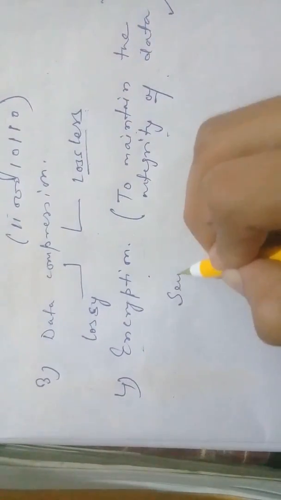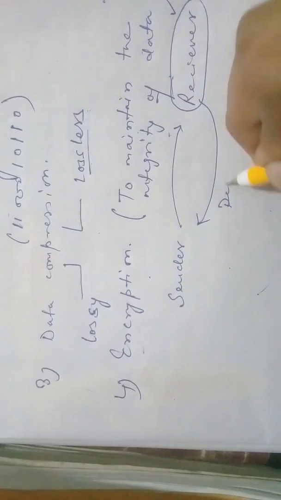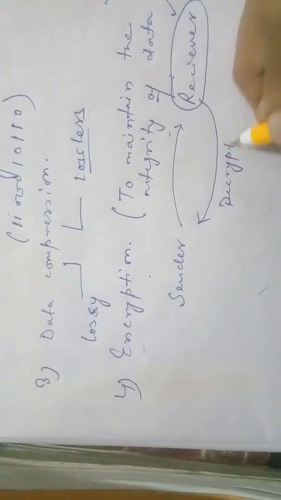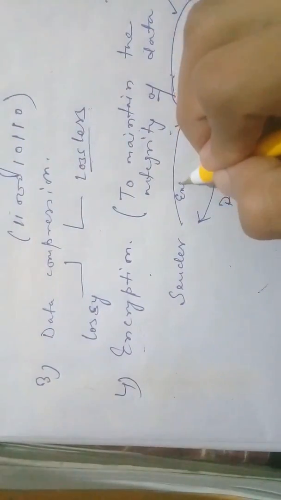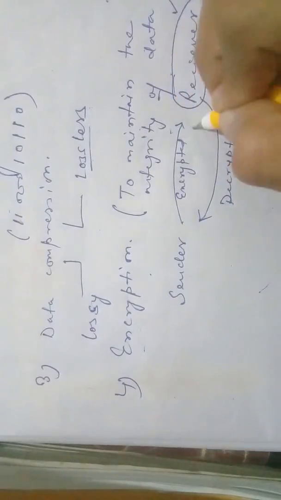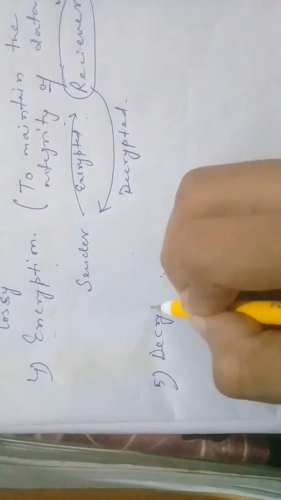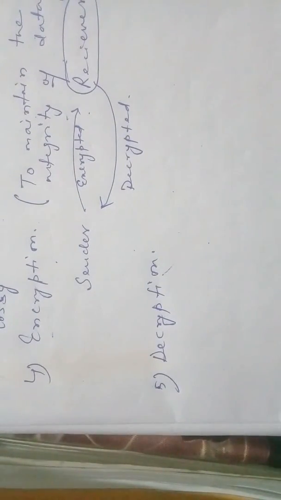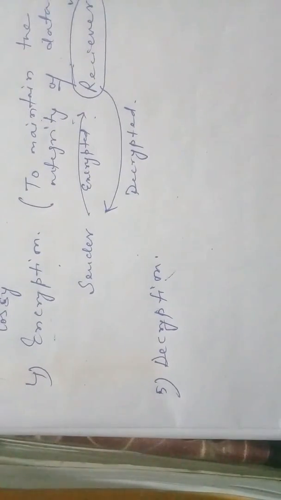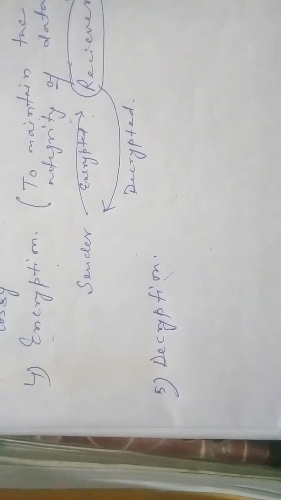Actually, encryption is done by the sender. The sender sends the data and the receiver receives it. After receiving it, the receiver will decrypt it. So the fifth function is decryption. The main function of this layer is to compress the data.